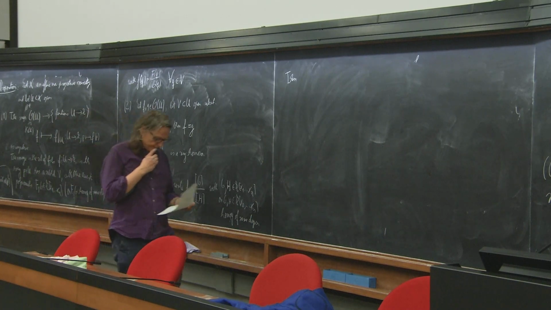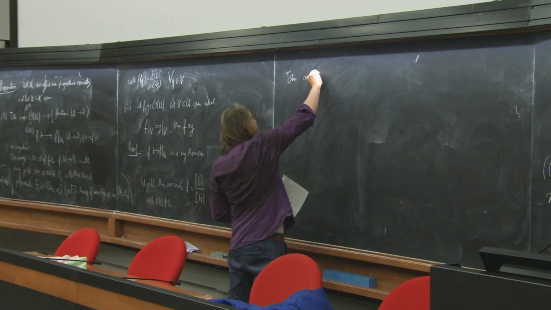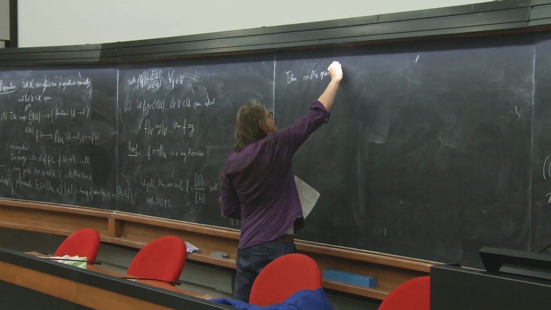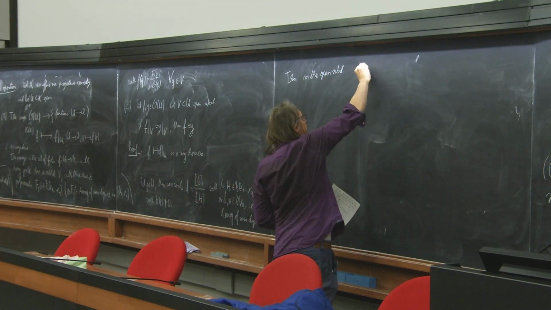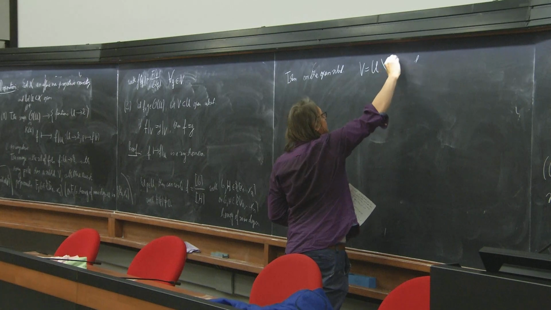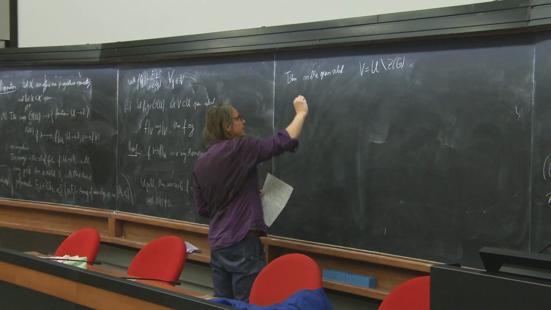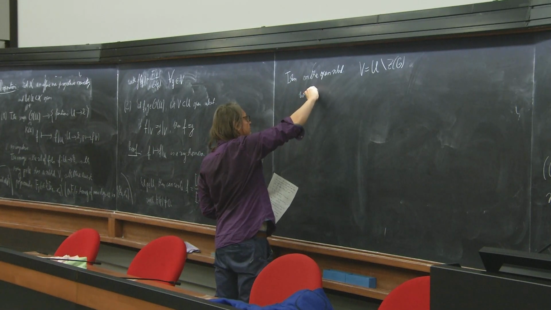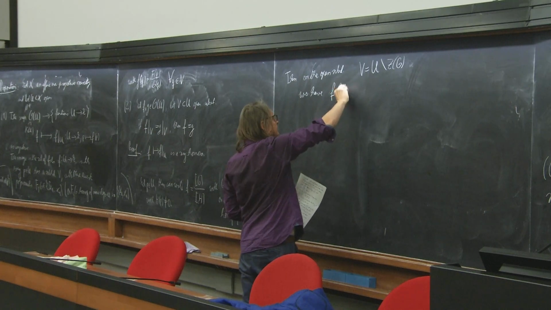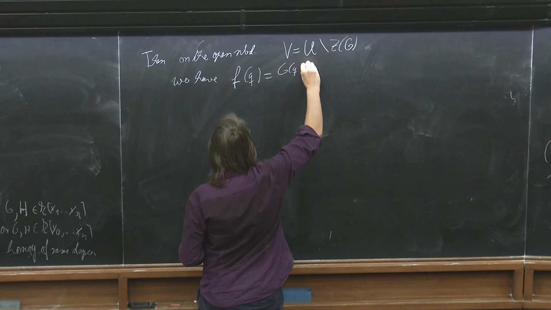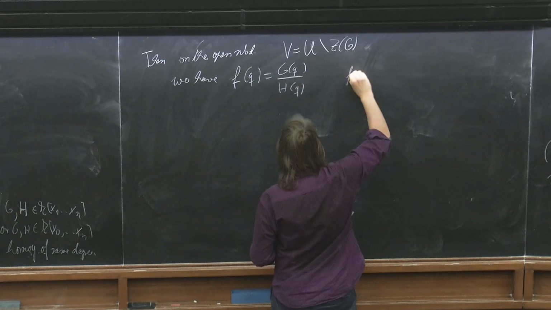So then on the open neighborhood, X minus Z(g), we have f(q) = g(q) / h(q) for all q.